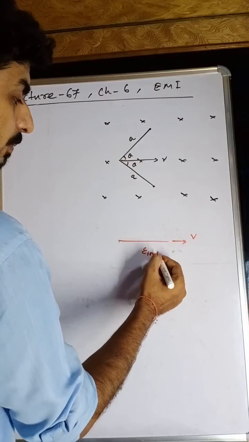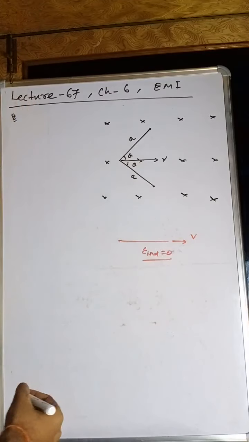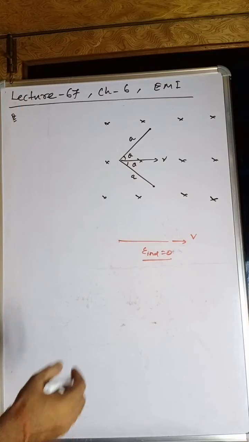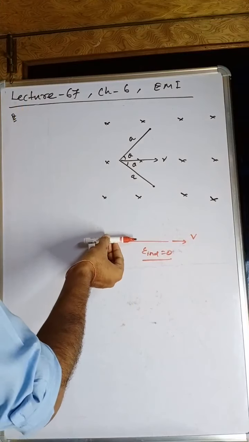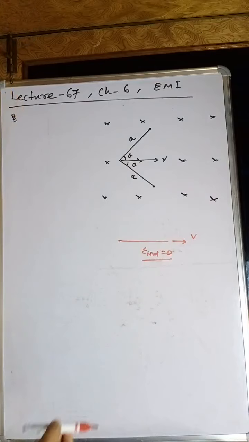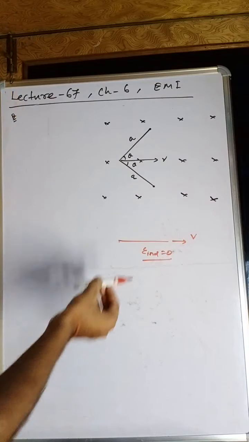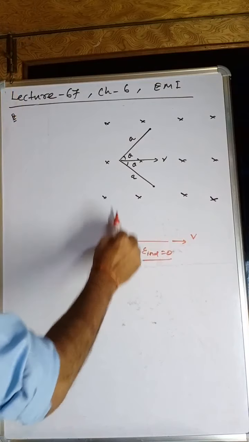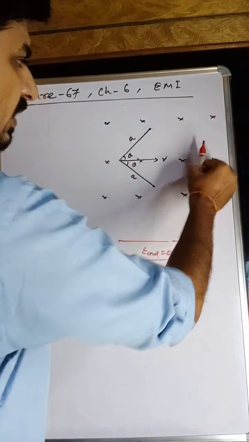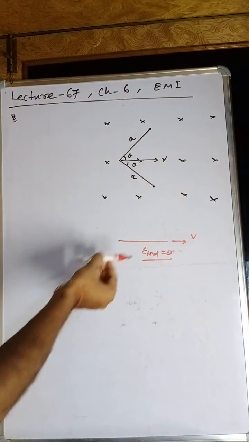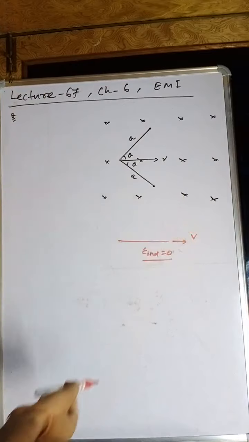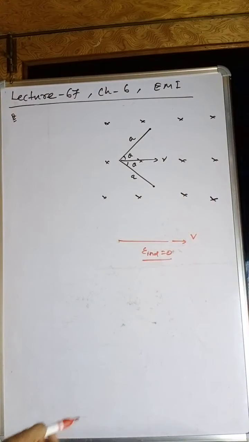E induced will be 0. Why, sir? Because as this rod moves, there will be no flux cut, no area swept out by this rod. If this rod is moving this way in this magnetic field, the flux changes, but in this case the flux will not change and the EMF will not be induced.